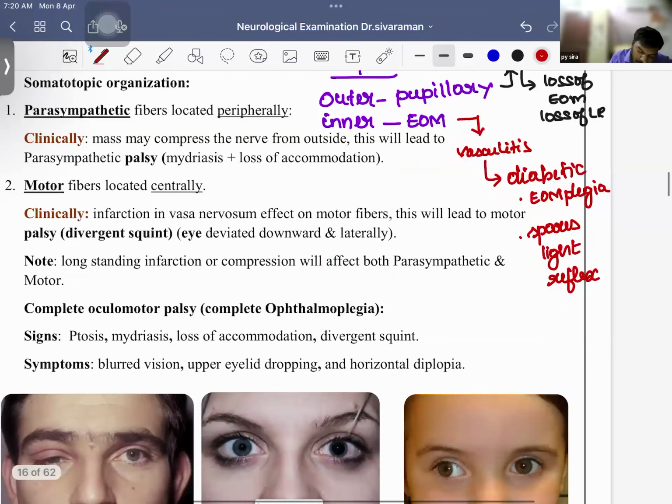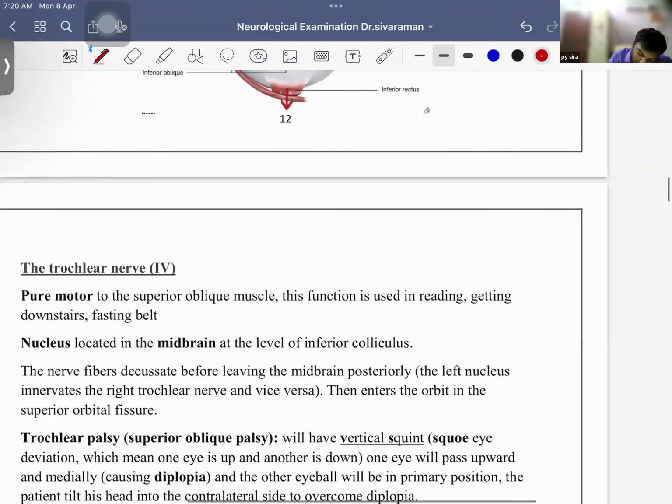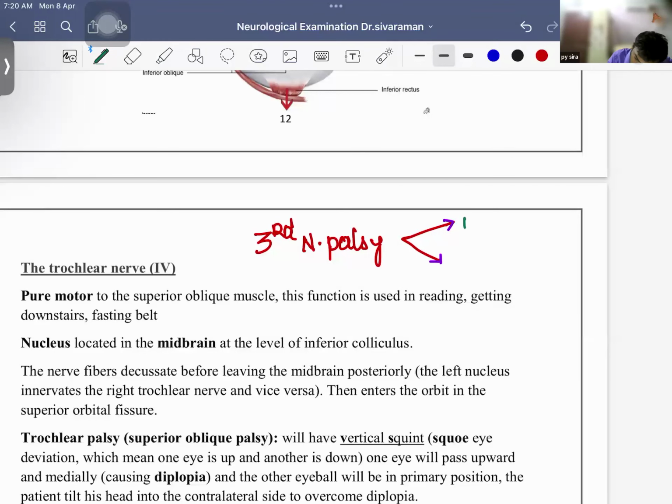Whenever there is a third nerve palsy, the patient will have two important things to be noticed. The first one is going to be ptosis.